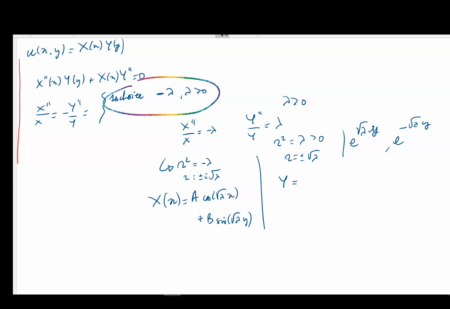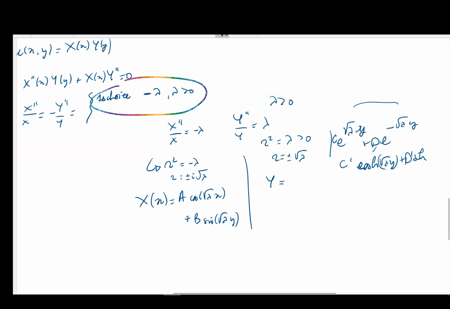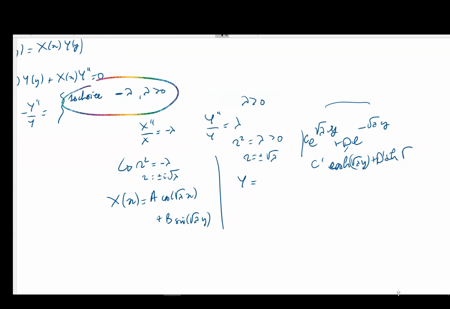The habit in that kind of problem is to write these using the cosh and sinh. Instead of exponentials, you would have something like c plus d, and we're just going to write this as c' cosh of square root of lambda y plus d' sinh of square root of lambda y.